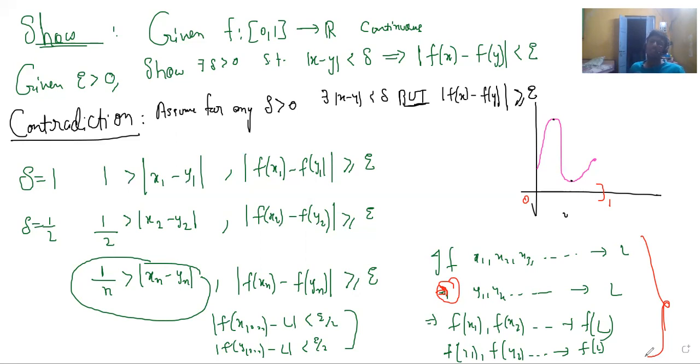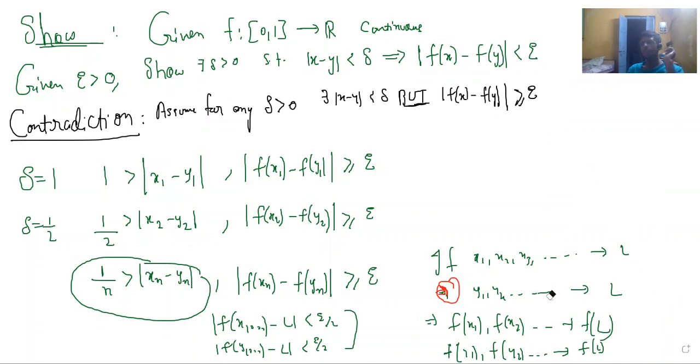But the xi's need not be convergent. All of you know some theorems, where convergence of sequences is guaranteed, or monotonic subsequences are guaranteed.